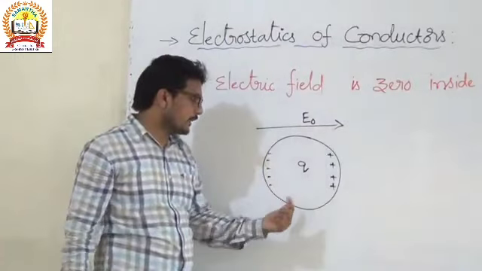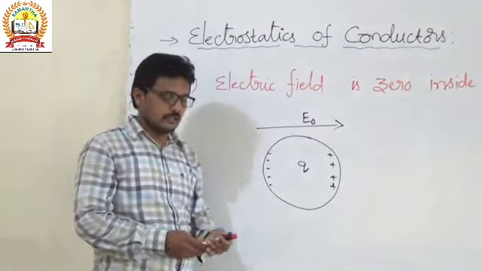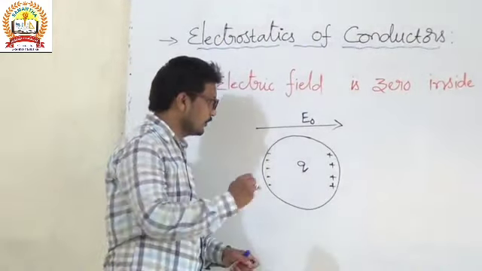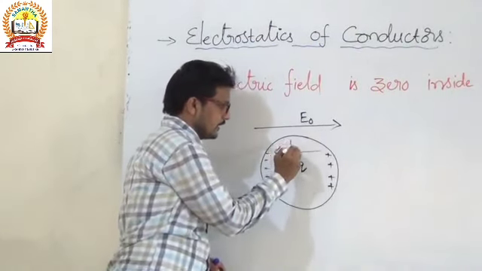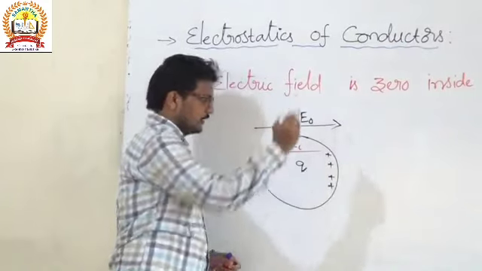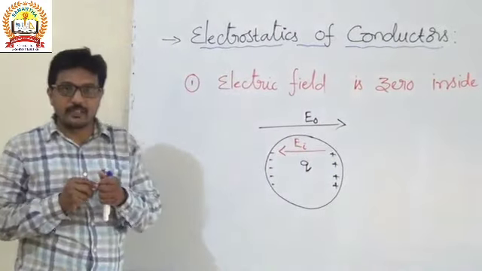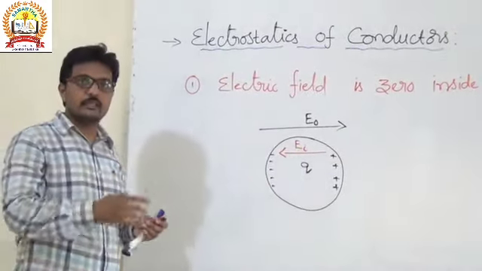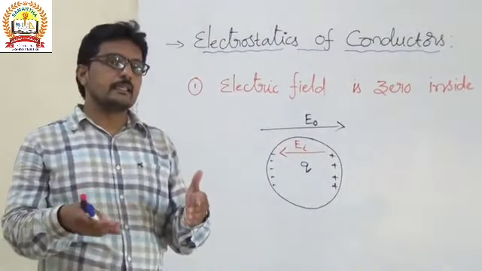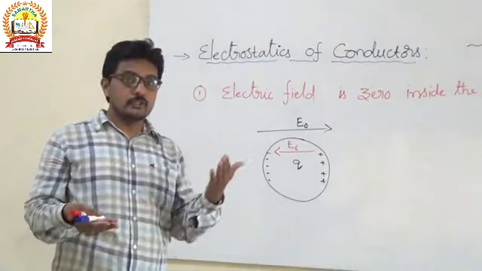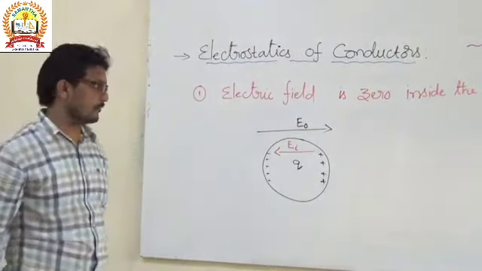Then what will be the electric field inside the conductor? The electric field direction is from positive charge to negative charge, and this will be the induced electric field. So when the conductor is subjected to an electric field, an induced electric field is produced inside the conductor.